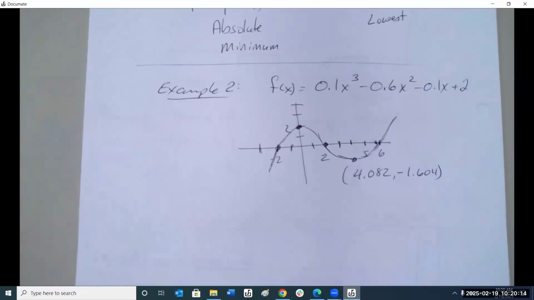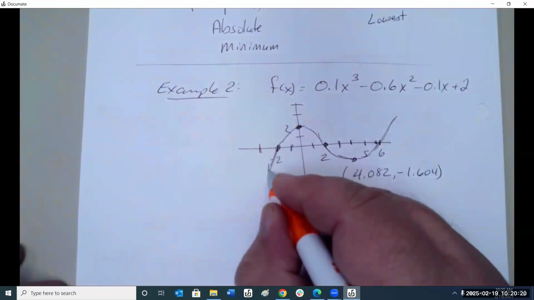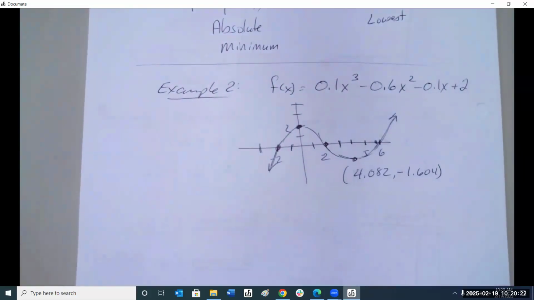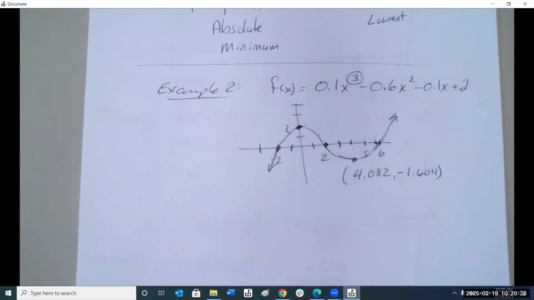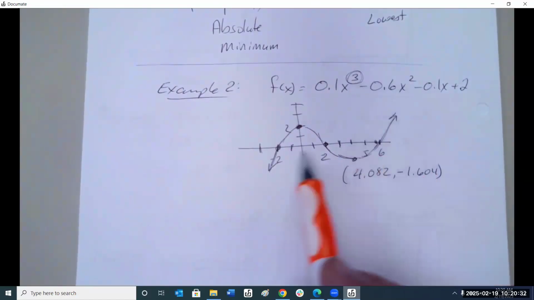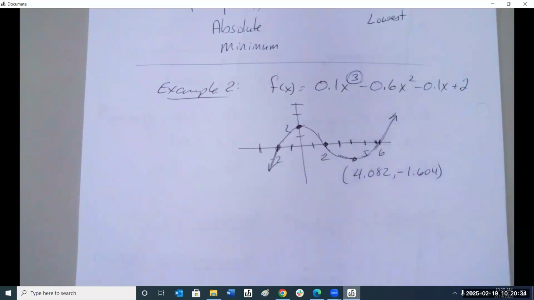Here we have the graph of that function, and it goes on. We know that's the shape of it. How do we know that's the shape of the graph? Because it's a cubic function. Remember the library functions? If it's an odd exponent, the end behavior is that both ends point in opposite directions.